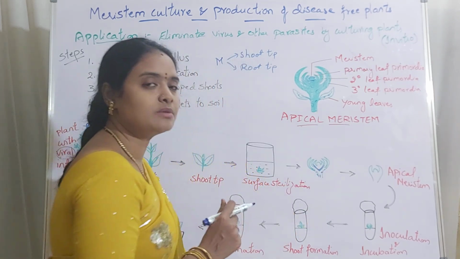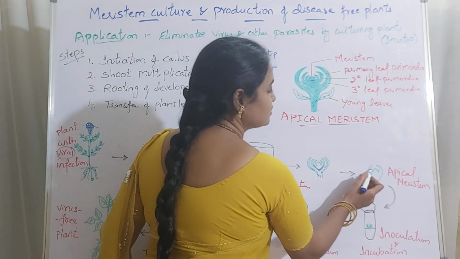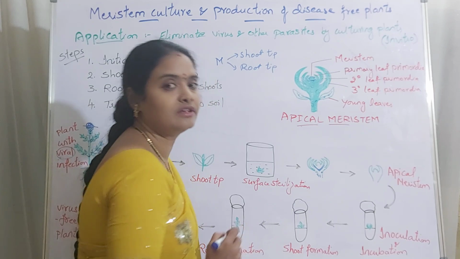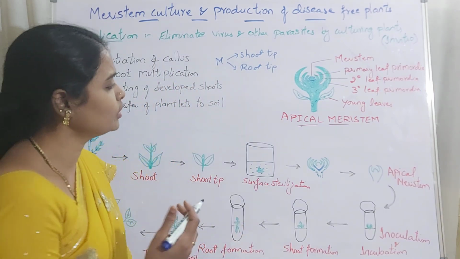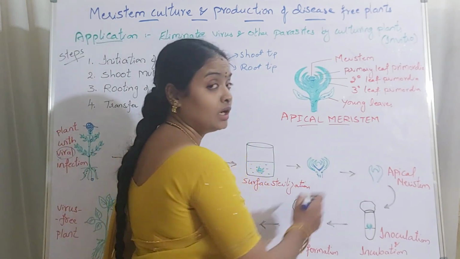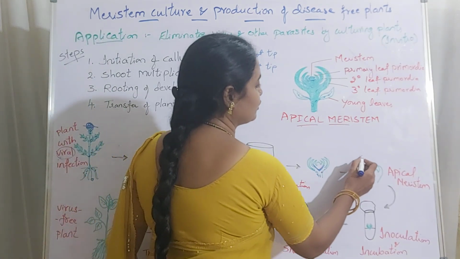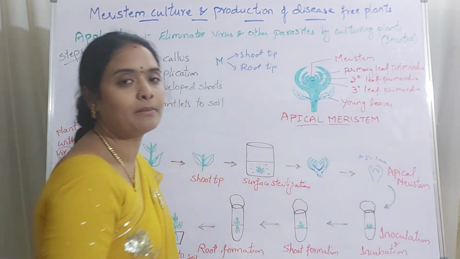If the meristem size is very small, then you are going to take even the primary leaf primordia. If the meristem size is bigger, you need not take those leaf primordia. You can trim even those. Okay, so normally we take 0.5 to 1 mm length of this meristem.